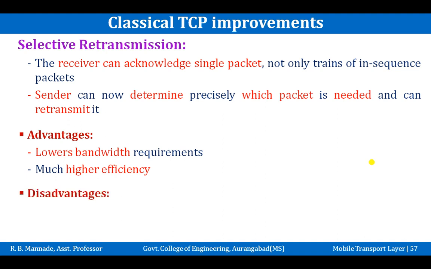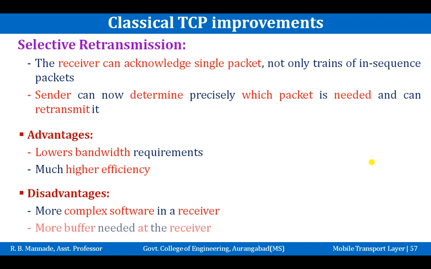This technique has some disadvantages as well. One disadvantage is more complex software on the receiver side, so a receiver node needs more complex software compared to the other enhancement techniques. Another disadvantage is that more buffer is needed at the receiver side.